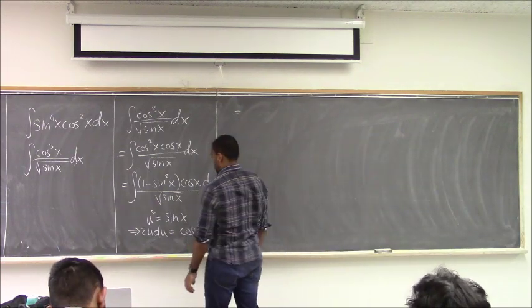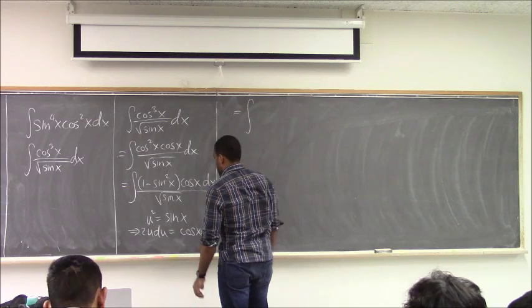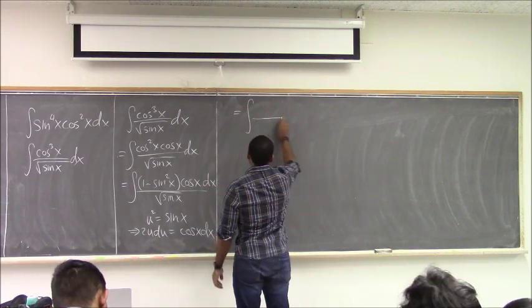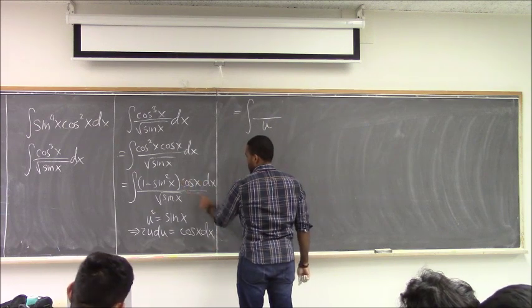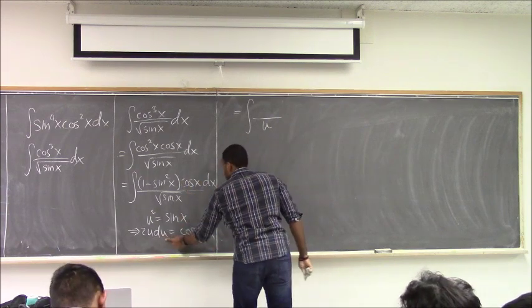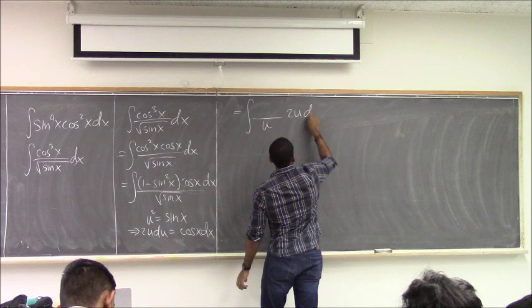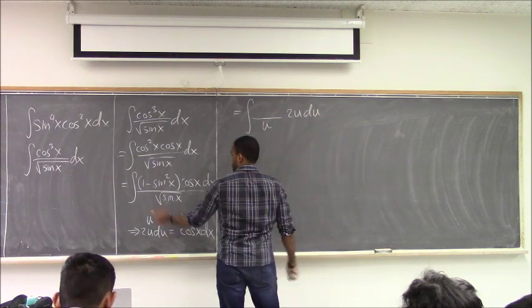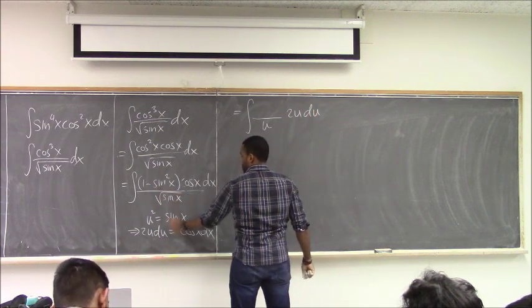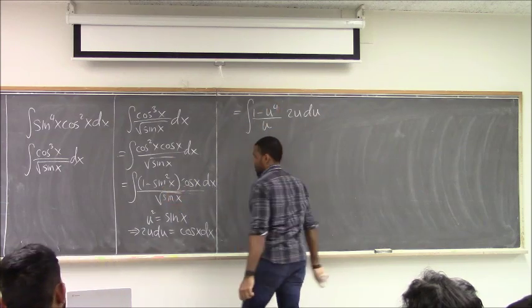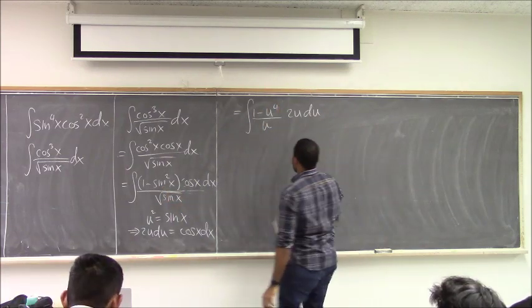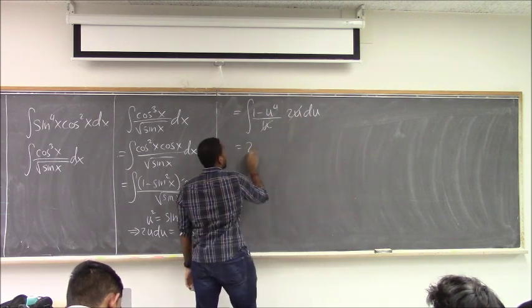And so this guy is going to become, well, underneath I'm just going to have u cosine x dx. This part here is going to be 2u du. And sine squared is going to be u to the 4th. So this is 1 minus u to the 4th. And that's everyone. Just cancel.